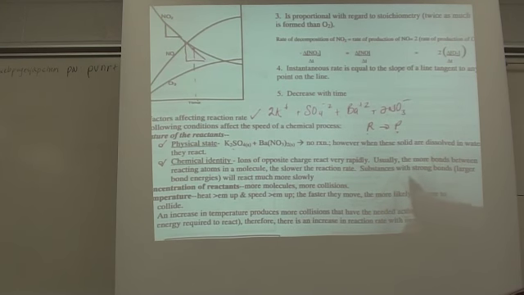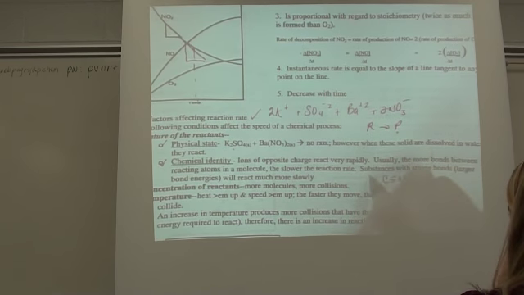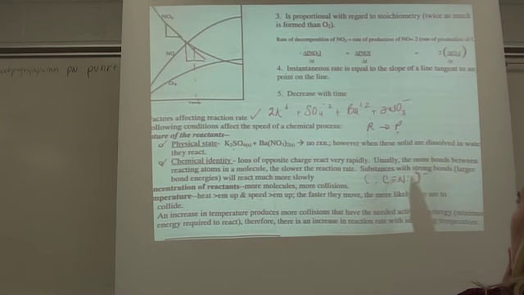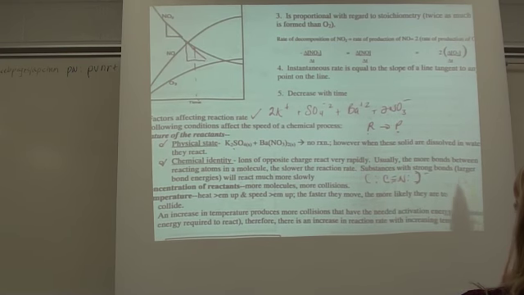Something that has strong bonds, a large bond energy. This would have a large bond energy because that triple bond is pretty massive. It's going to react more slowly because it's going to take a lot of energy to break that.